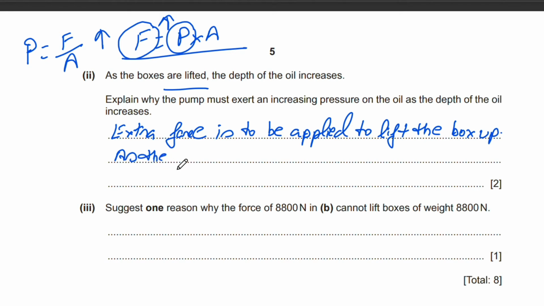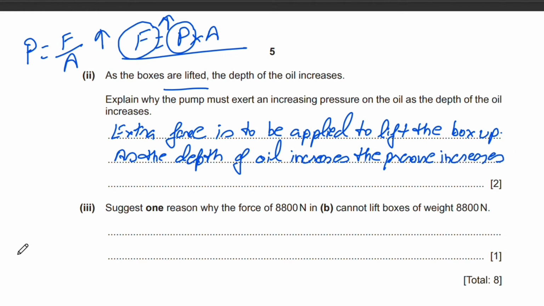As the depth of the oil increases, the pressure increases. Hence the force which is to be applied will also increase.